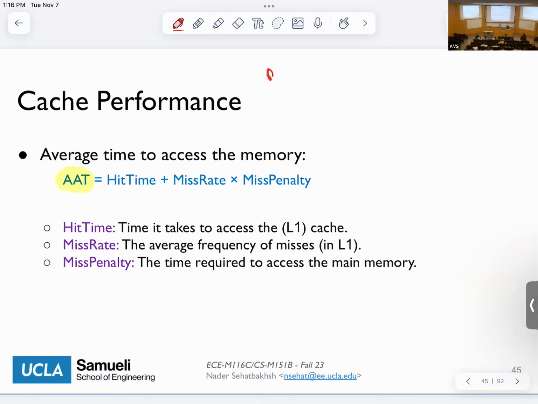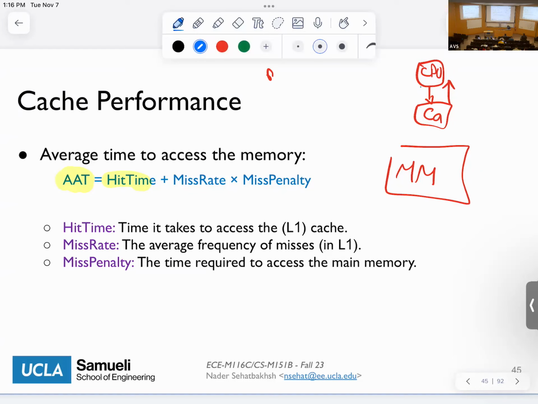So if you have this design of CPU, then cache, and then main memory, what will happen is that if the data goes to the cache and comes back, we call that hit time, the time it takes to access the cache. And as I told you, usually this is one cycle. But of course, this is not always possible because the size of the cache is much smaller than the size of the memory. So there will be scenarios where the data is not in the cache, so we have to go to the main memory and bring it.